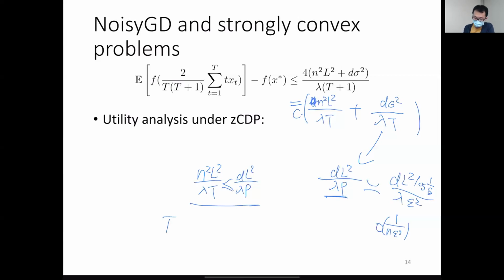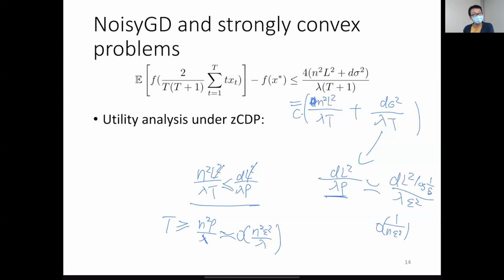So by just working out the inequality, t needs to be larger than n squared times rho over lambda, and this is roughly order of n squared epsilon squared over lambda, right?